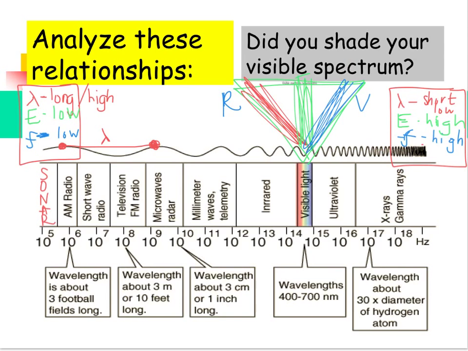So when we see light, we see white light coming from the sun, coming from a light bulb, but white light really isn't white. White light really is a combination of all of the Roy G. Biv colors, red, orange, yellow, blue, indigo, violet, oh, I forgot green. All of those colors, when they blend together, somehow make white.